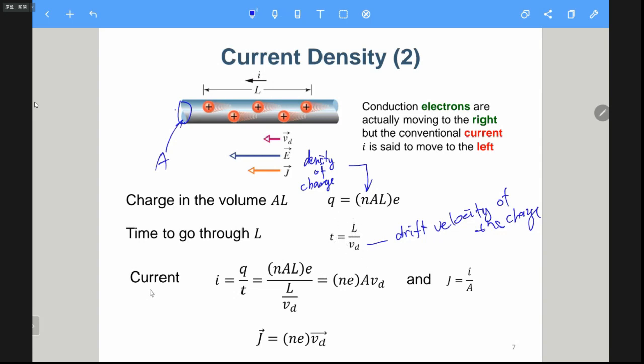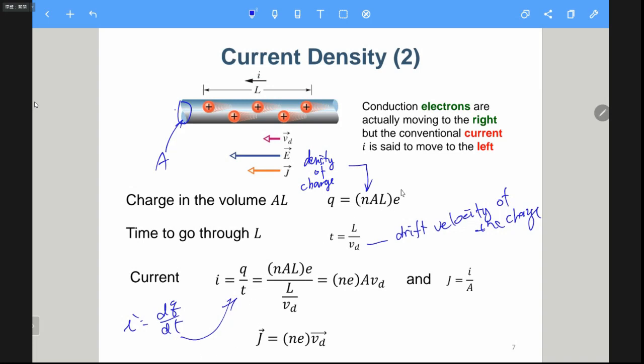So the current I equals Q over t, because we assume the velocity is constant, so I equals dq/dt reduces to this case if it is constant.